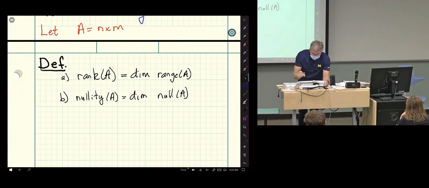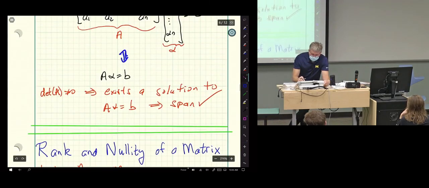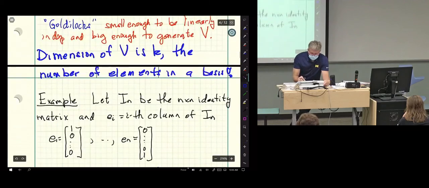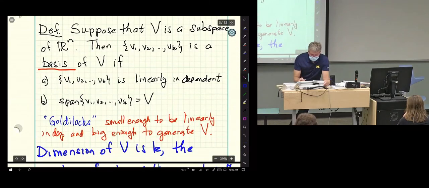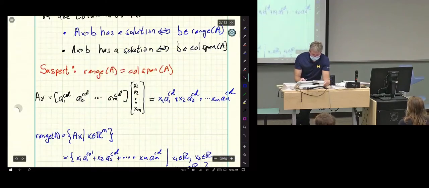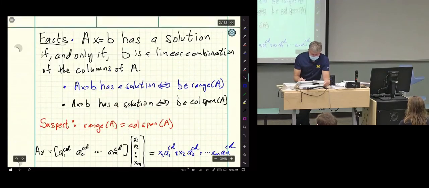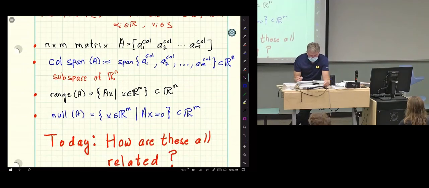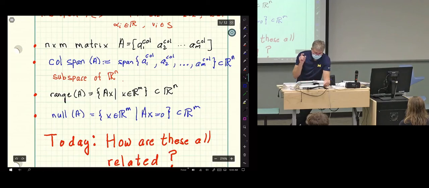Okay. Dimension of the range of A. Remember, the range of A is the same thing as the column span. So the rank of A is the dimension of the column span.